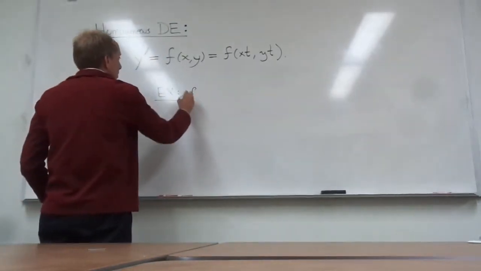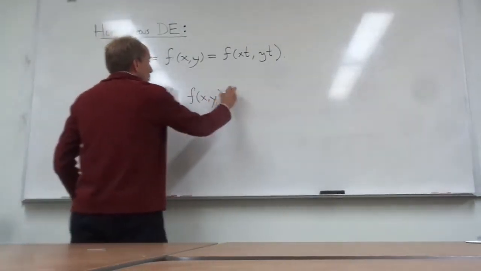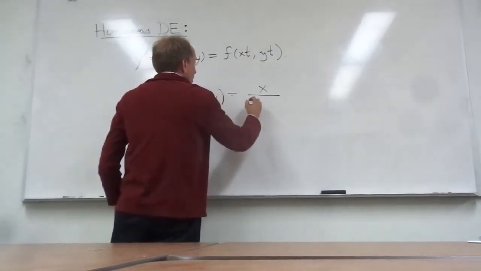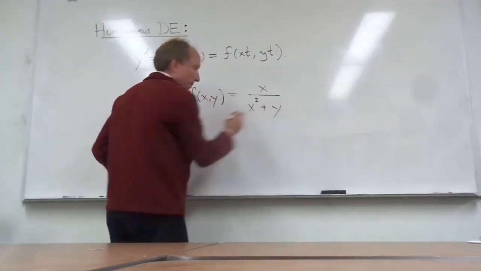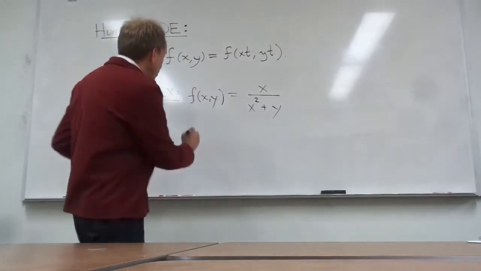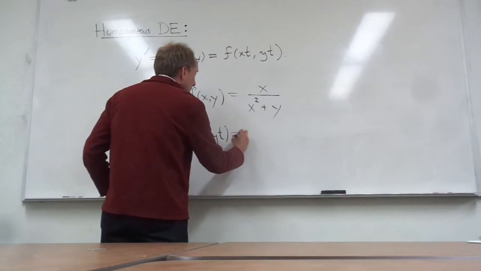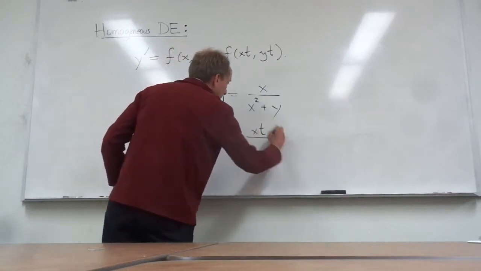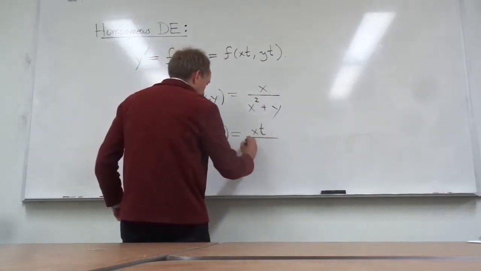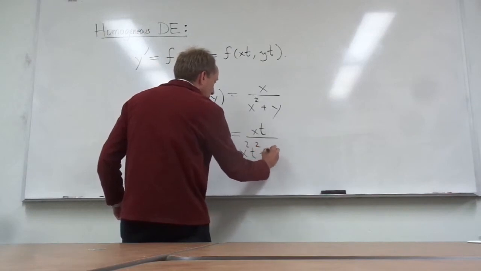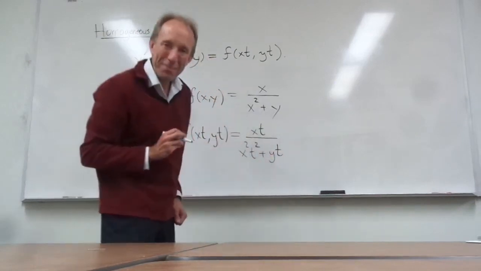Let's suppose that my function f of x and y was x over x squared plus y. Now, if you attach a t next to every single x and every single y, we'll have xt on the top, x squared t squared plus yt on the bottom.